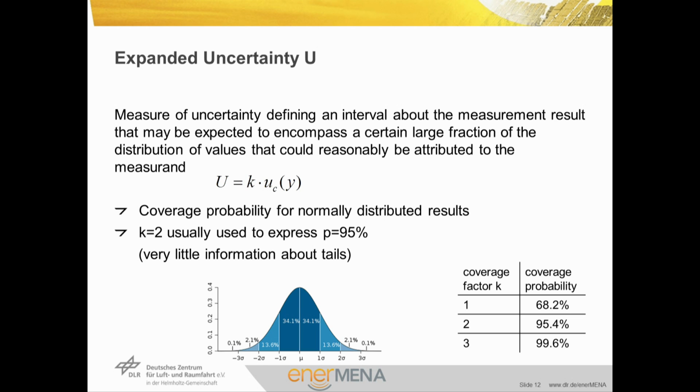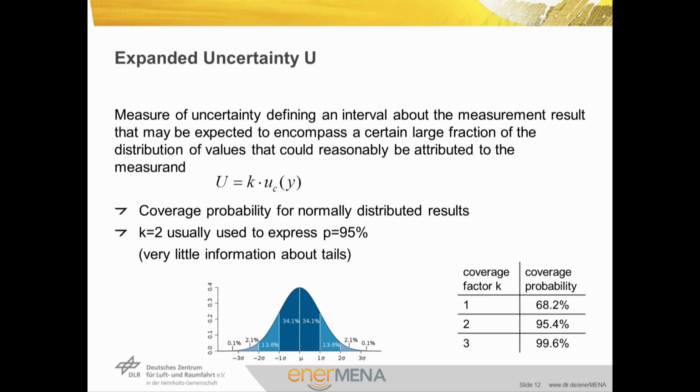This can be achieved using a so-called expanded uncertainty. The expanded uncertainty is calculated by multiplying the standard combined uncertainty by the coverage factor k. The value of k is derived from normal probability density distributions after choosing the desired coverage probability, as illustrated in the graphical representation on the bottom.